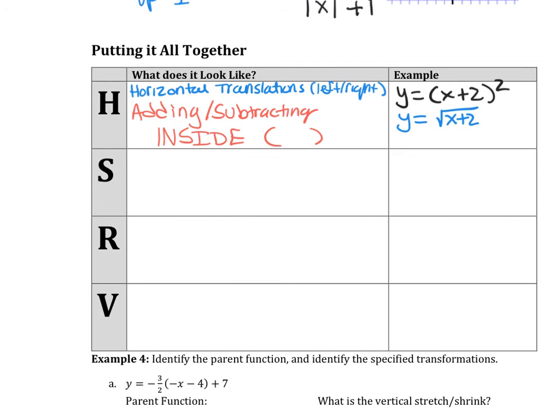Okay, then S stands for stretches and shrinks, vertical stretches and shrinks. Vertical stretch or shrink. It's where our graph gets taller or shorter.